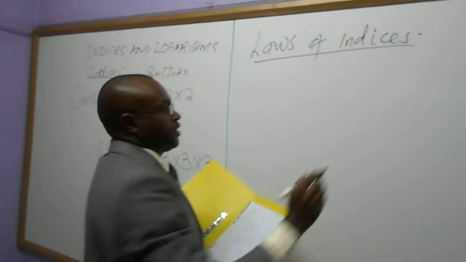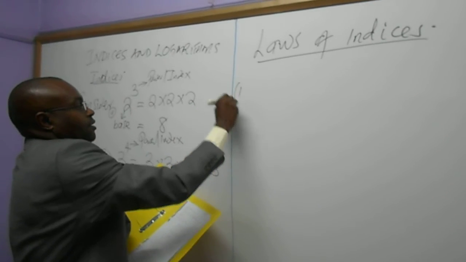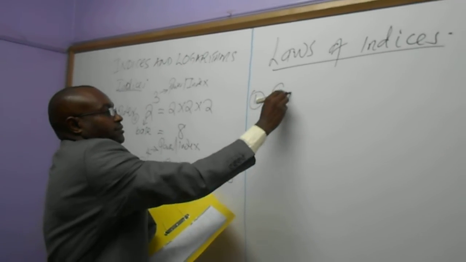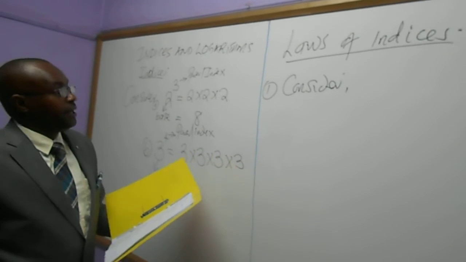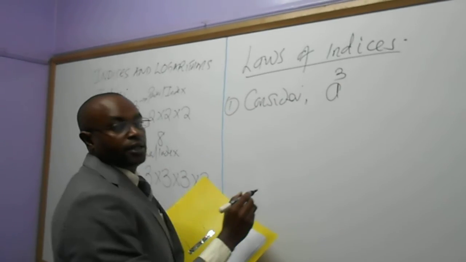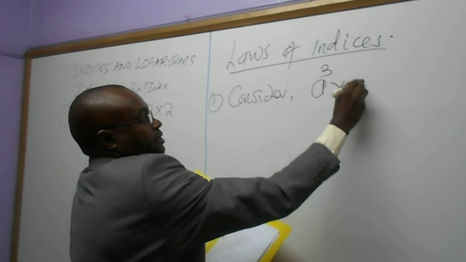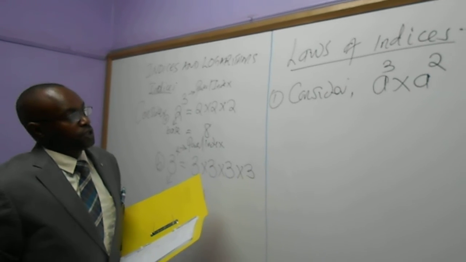The laws of indices are basically, consider if you are given a to power 3, you multiply that by a to power 2.